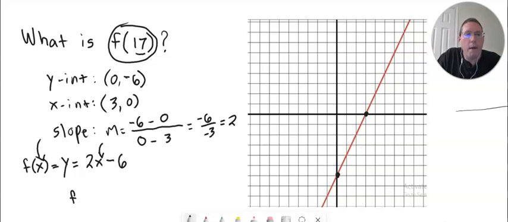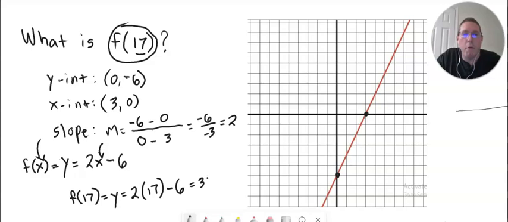So f of 17 is equal to 2 times 17 minus 6, which is 34 minus 6, equal to 28. Therefore, f of 17 is equal to 28.